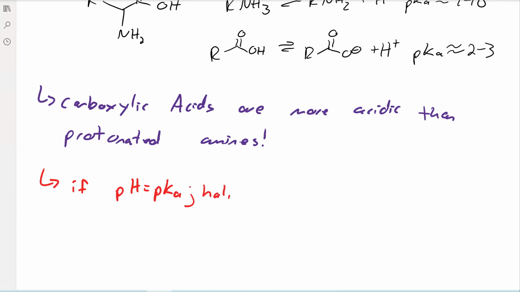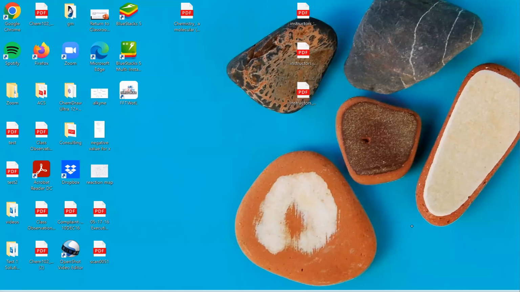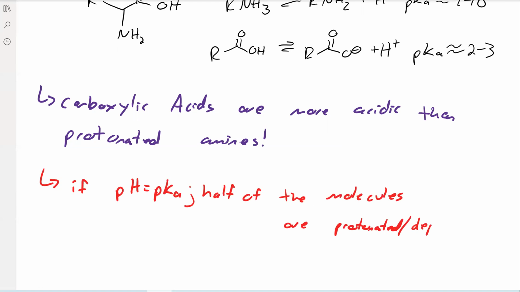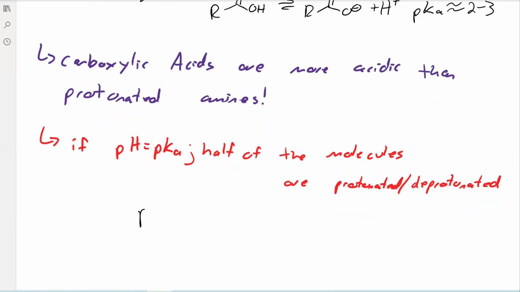It means that about half of the molecules are protonated, and then of course the other half are deprotonated. So for example, if your pH is less than your pKa, if your pKa is 5 and your pH is 1, your compound is going to be protonated.